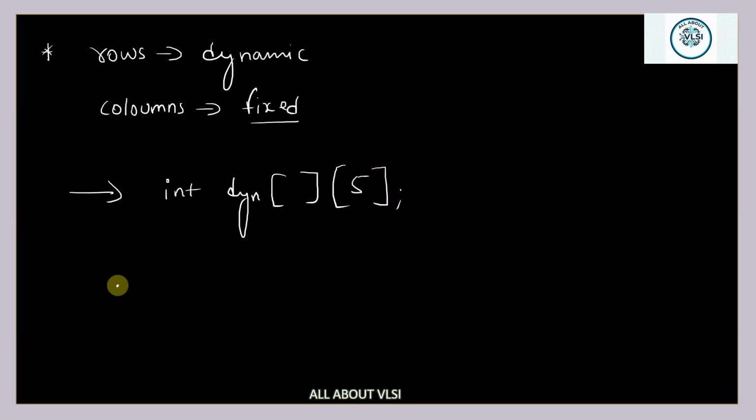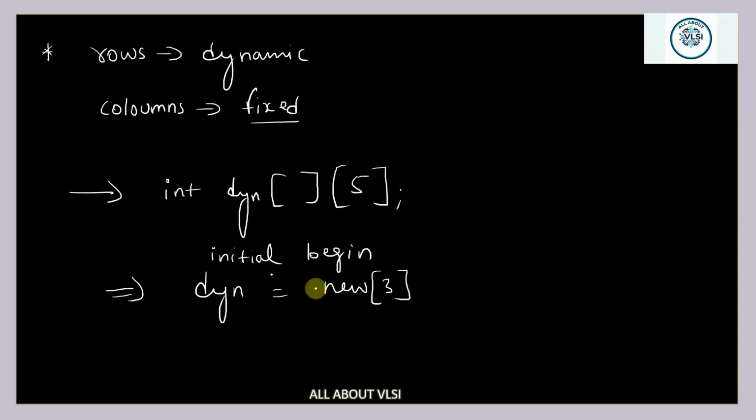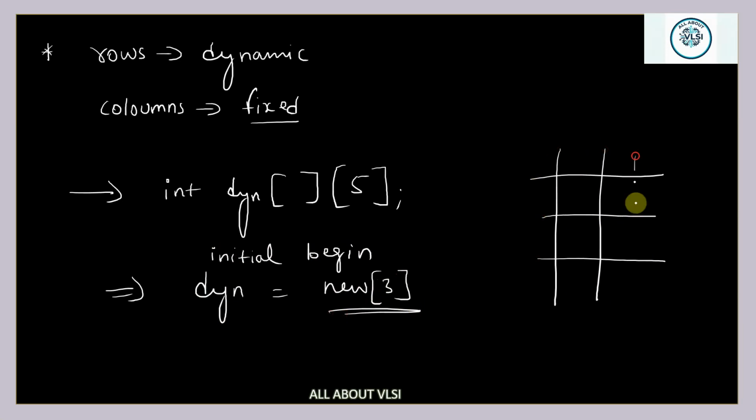So how to create this array? Simply we are going to write dyn is equal to new of, let's say, 3. Within an initial beginning block, I'm going to write this down. So what is going to happen is that 3 rows will be created, and the columns are already fixed, that is 5 columns. We just need to create the memory for our rows.